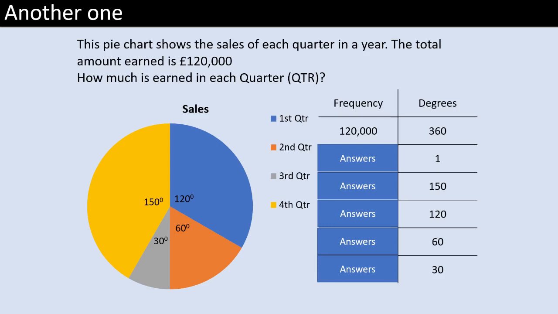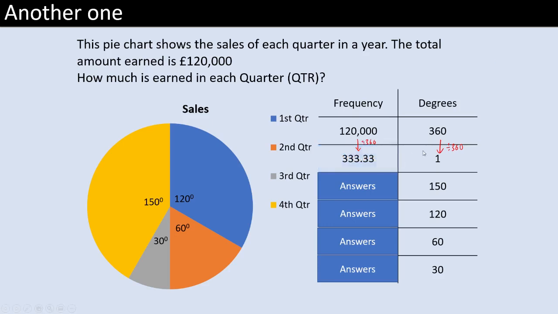Now, I could find out how many degrees there are for £1 in this, but because I have the degrees in the pie chart, it makes more sense for me to think instead of how much frequency there would be for 1 degree. Looking over here, to get from 360 to 1, I would have to divide by 360. So to get from 120,000 to how many pounds there are for 1 degree, I would also need to divide by 360.